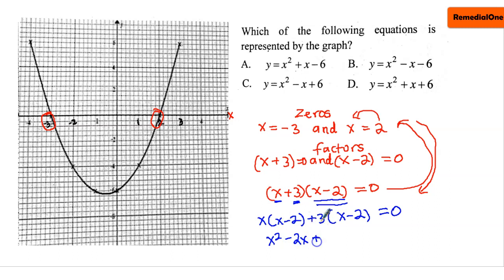And then plus 3 times x, which is 3x. 3 times -2 is -6. We see that the middle term, the negative is smaller than that, so here it's going to be positive. So it's going to be x squared plus 1x, which we just write as such, minus 6, and is equals to 0.